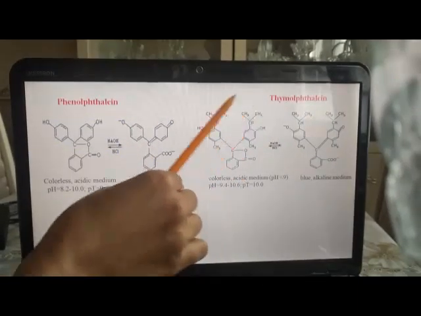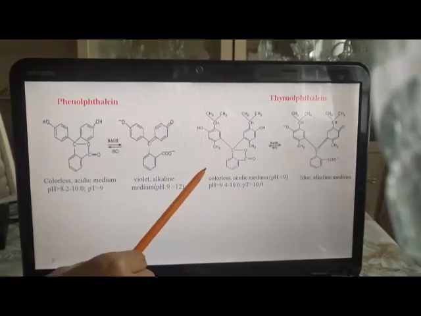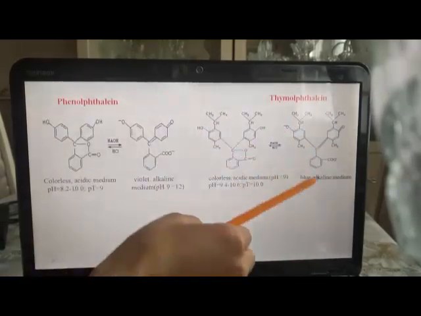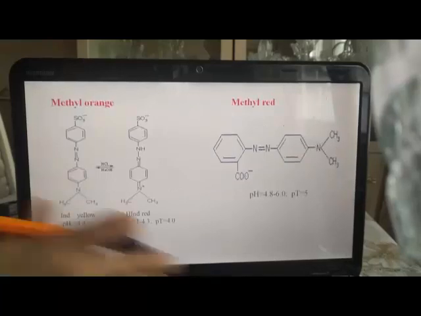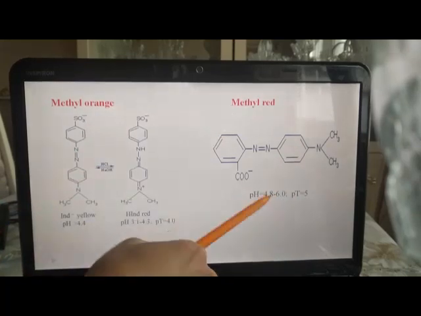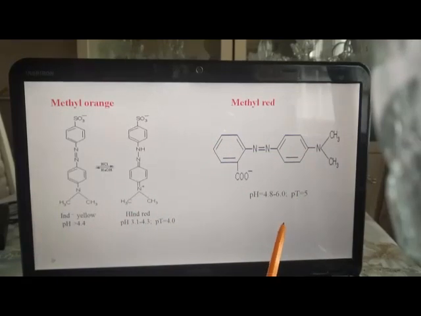Thymolphthalein, its chemical structure formula, is colorless in acidic medium and blue in alkaline medium. Methyl orange is yellow before titration, yellow in alkaline medium, and red in acidic medium, as we see by addition of hydrogen chloride. Methyl red, this is the structure formula of the methyl red indicator.